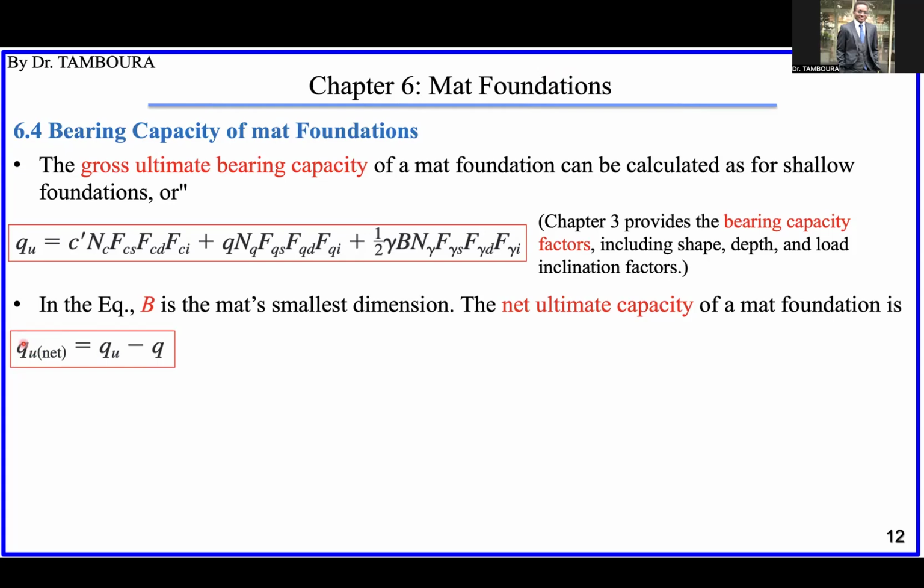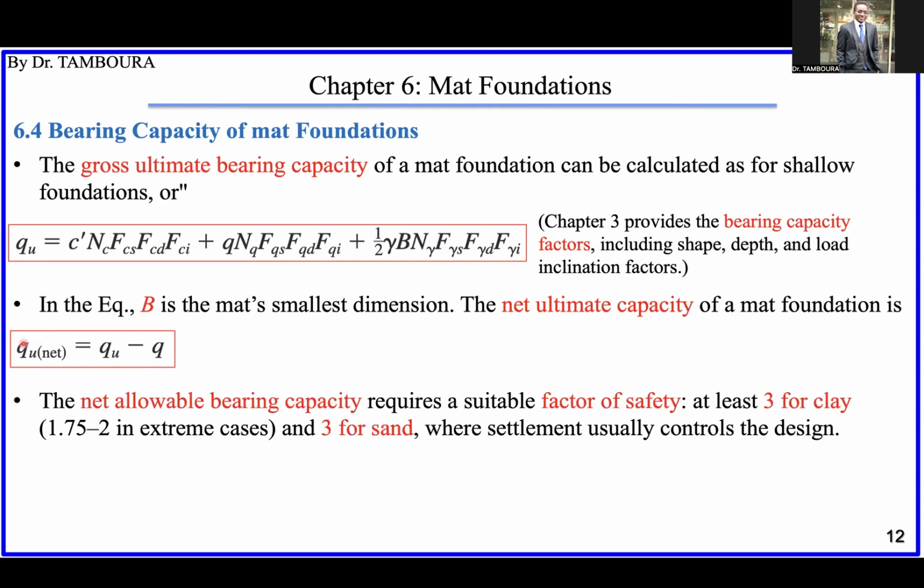Now the net allowable bearing capacity: of course, you cannot load your soil at 100%. You have to leave some safety margin. That's why you divide this net bearing capacity by a certain safety coefficient, to get what we call the net allowable bearing capacity.